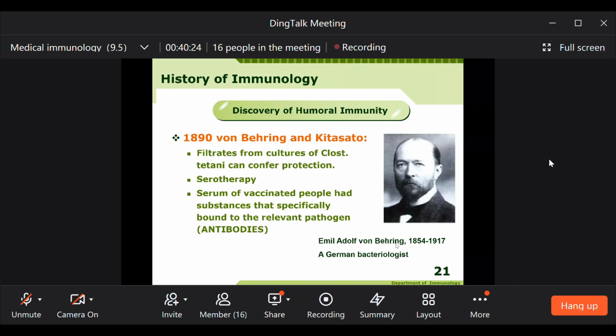It means antibodies were used to treat patients who were also infected with tetanus, and it worked well against infections. So this excellent work helped him to get a Nobel Prize.